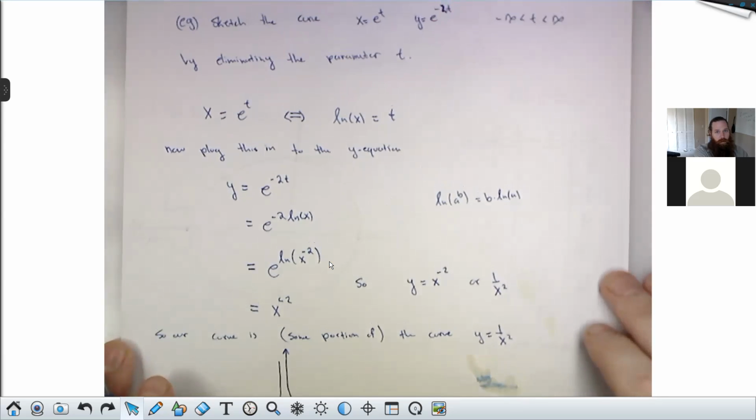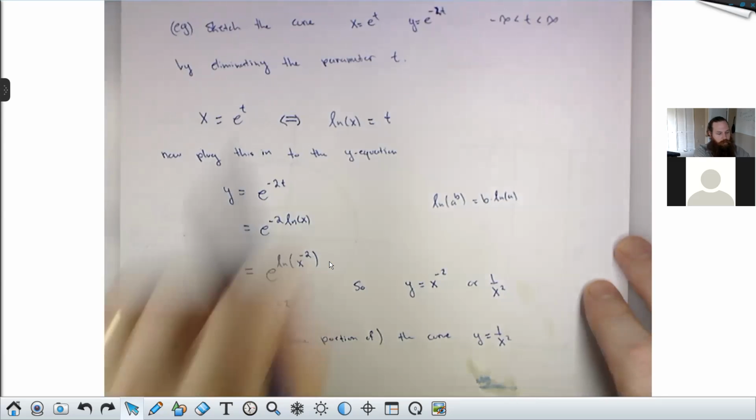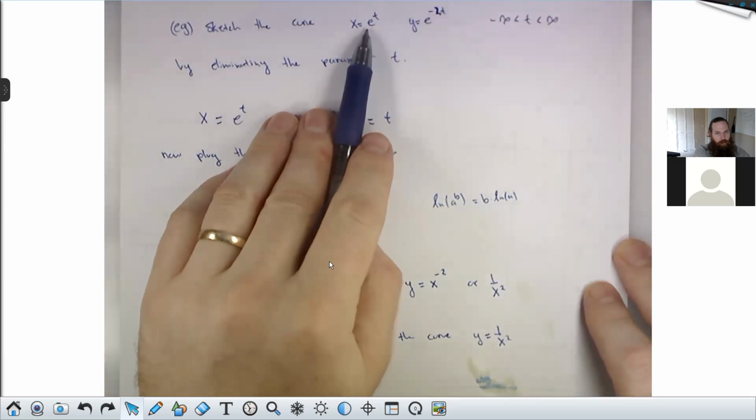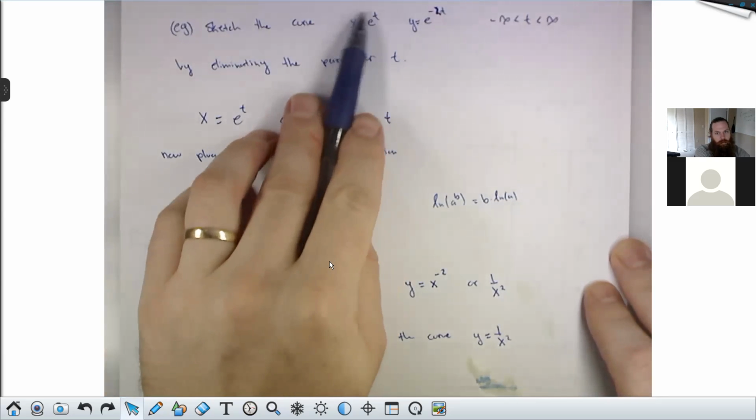As t goes from negative infinity to infinity, what sort of x values will this spit out? Will this ever spit out a negative x value?